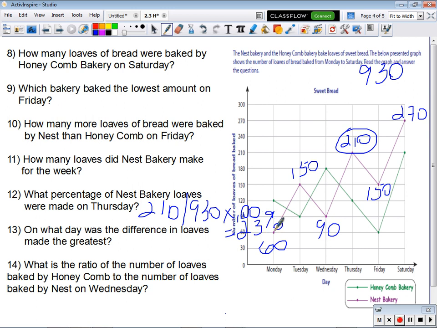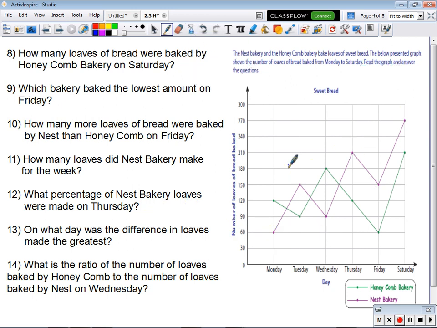Number 13, it says, on what day was the difference in loaves made the greatest? So we're basically looking at on what day did they have sort of the biggest difference in the number of loaves that they made. So I'm basically looking at where's the biggest gap between the two different bakeries. So if you look here on Wednesday, you have Nest Bakery that made 90, you have Honeycomb Bakery that made 180. That's a difference of 90 loaves for Wednesday.